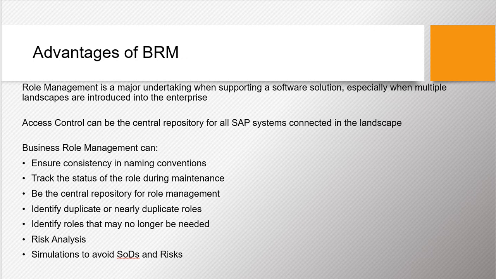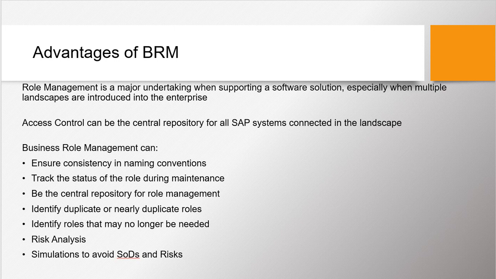One of the advantages is that Access Control can be a central repository of all SAP systems connected in your landscape, as far as roles are concerned. Okay, so that's a big advantage.